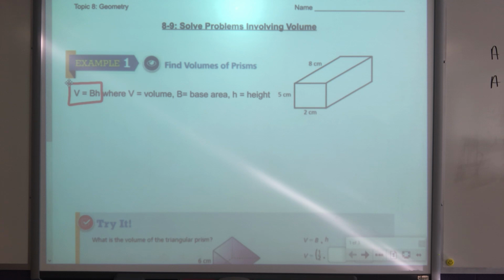So when I say base area, what am I talking about? The bottom. Okay, I'm talking about the bottom, the area of the base. So that's what we're going to look at today, and that's what we're going to use today for our values.